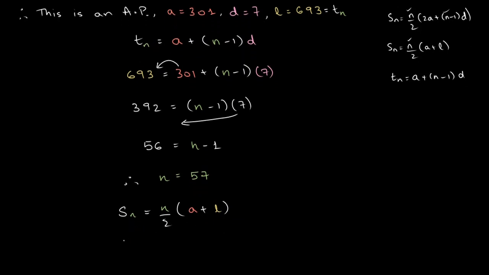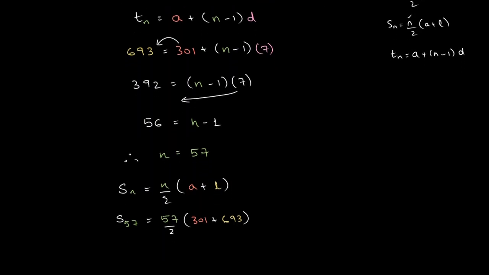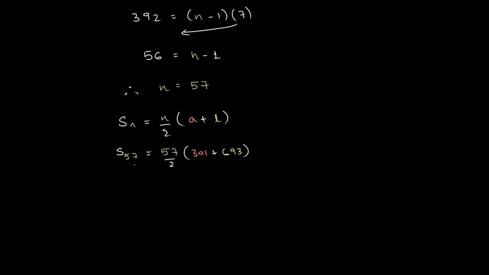I want to find S of 57, because I know there are 57 terms, which is equal to 57 upon 2 into a plus L. The first term is 301 plus the last term, 693. Let's solve this and find the required sum.